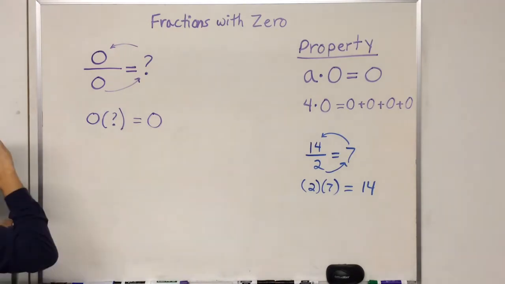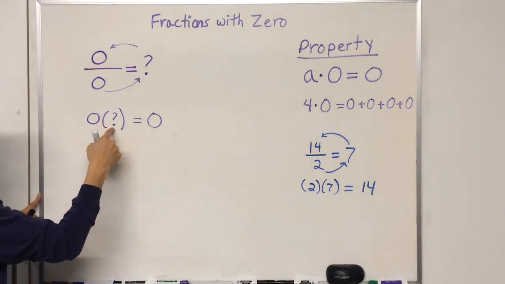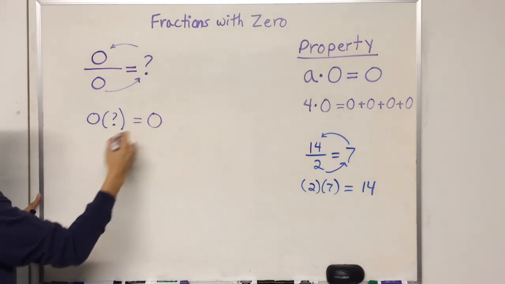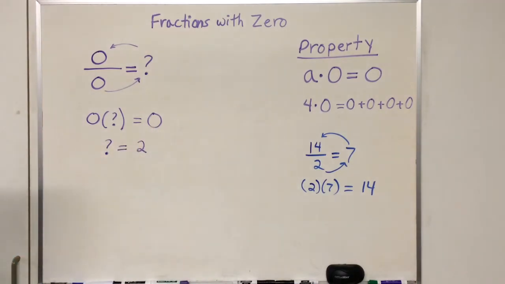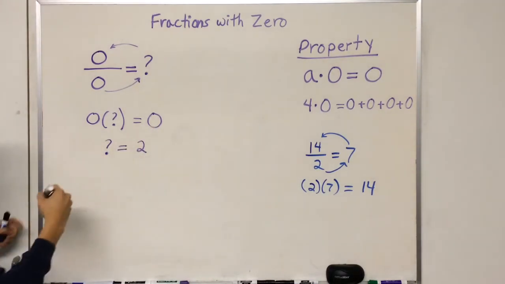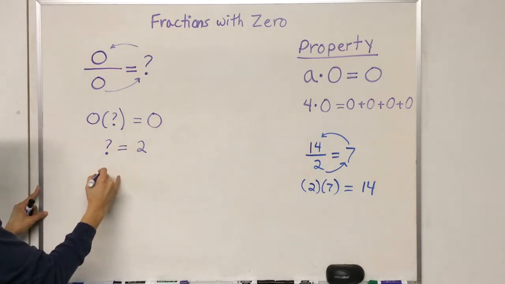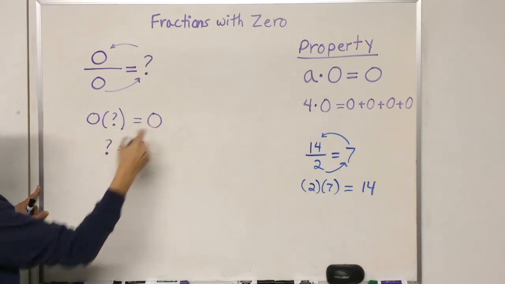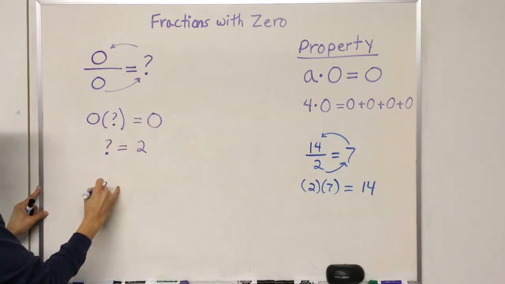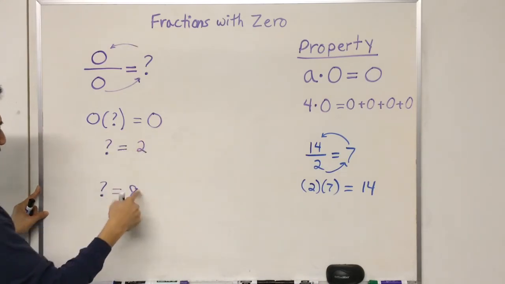Well, we see that 0 times 2 would equal 0, so we could certainly say that 2 would satisfy this multiplication. But we could also say that 0 times 8 would equal 0. Okay, so could we now allow this mystery number to be equal to 2 and 8?